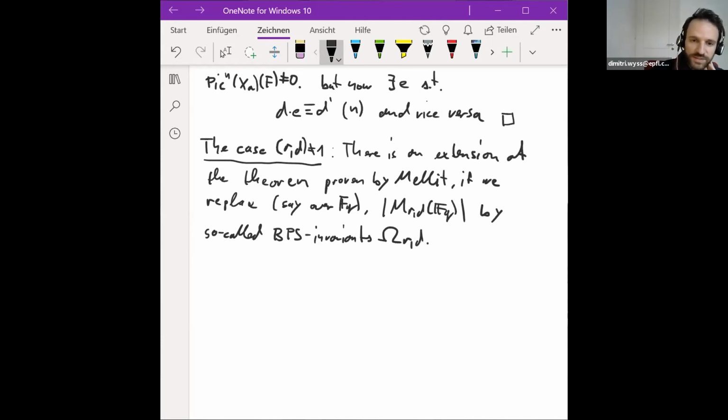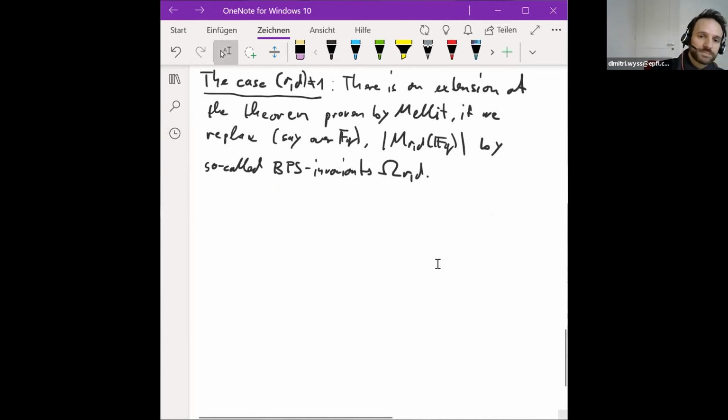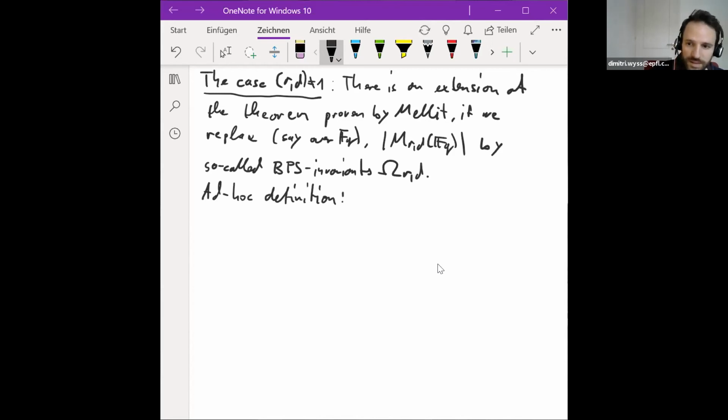So you can think of them just as numbers. There is of course a very rich and deep theory, and it's not clear in general how to define them. So for Higgs bundles, one can give an ad hoc definition, which basically goes as follows.